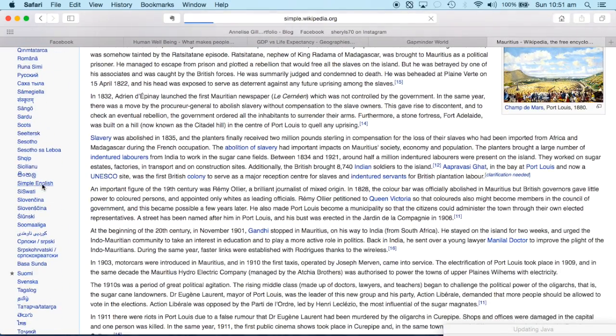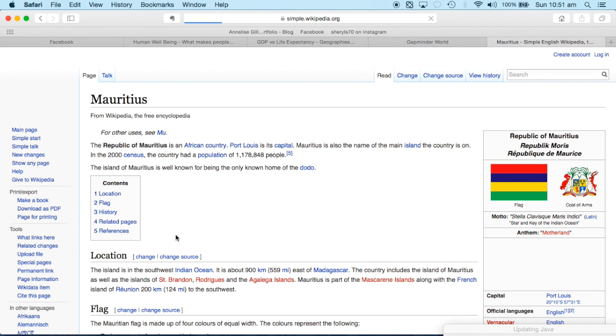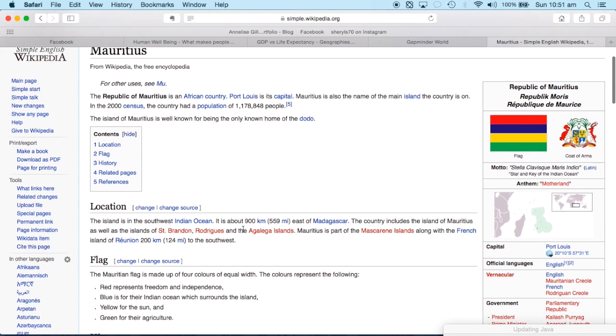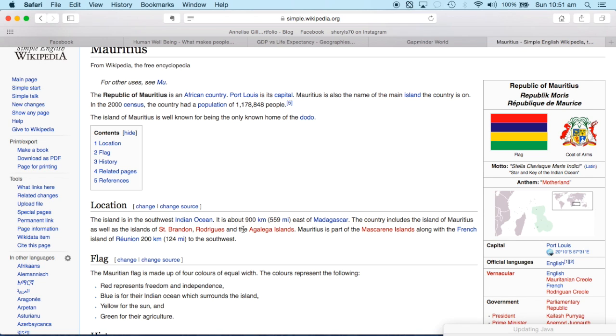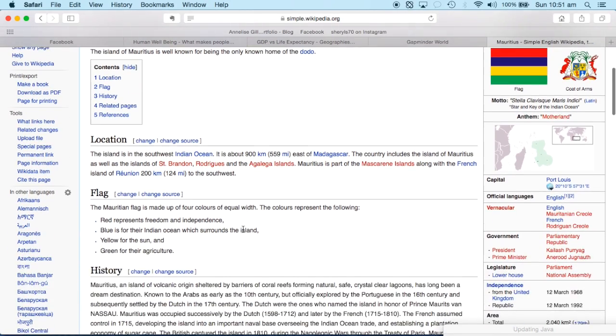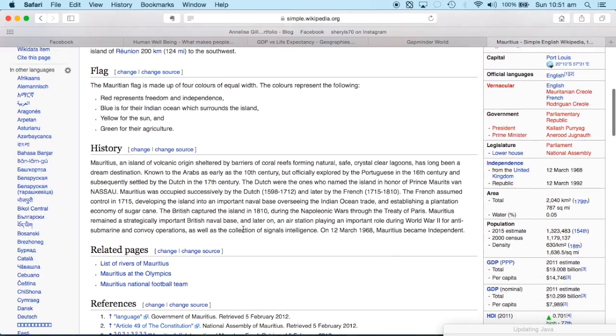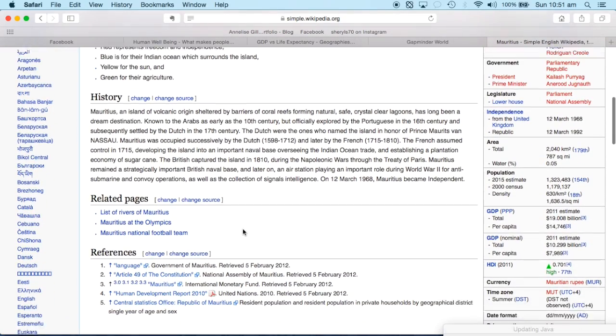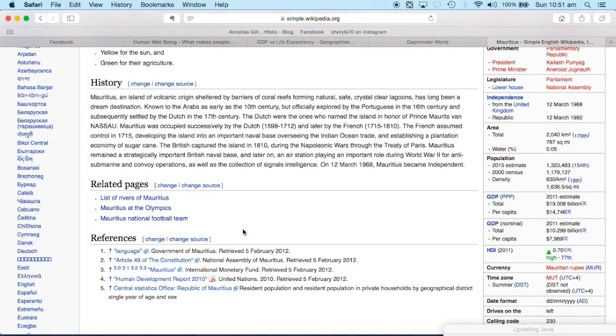If we click that, it simplifies the information on Wikipedia, because often the information on Wikipedia, particularly about countries and historical events, is quite complicated and confusing and uses words that are often hard to understand. So Simple English breaks it down, makes it a lot easier to understand, and solves a lot of those problems about just trying to read the information.